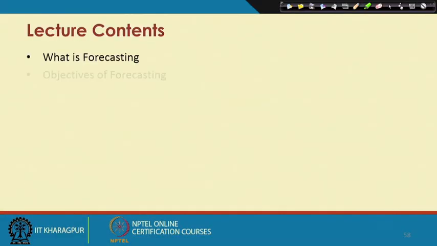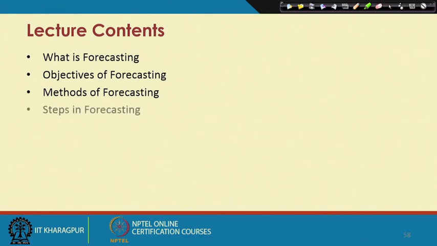And the end part of this particular process is nothing but what is called predictions, followed by forecasting. So, we should know a little bit about forecasting before we solve any kind of engineering problems as per the particular requirement. So, let us start with the basic contents of these lectures.